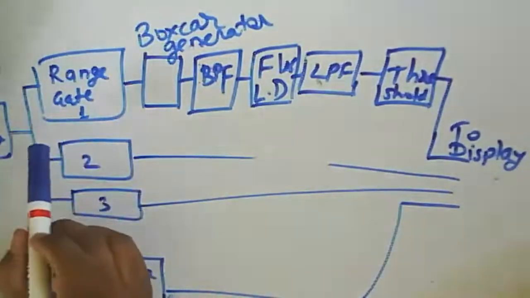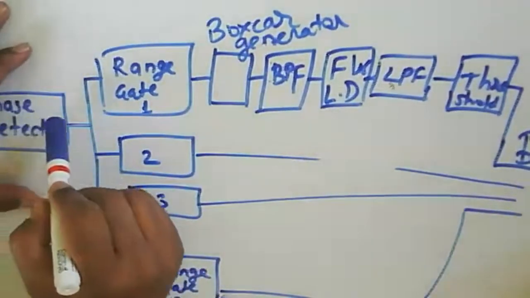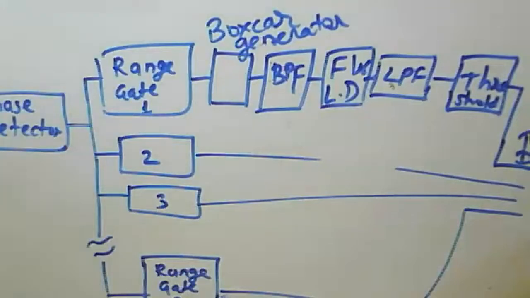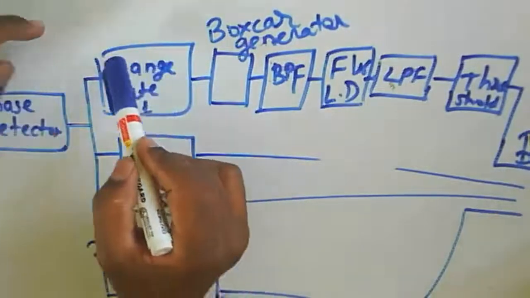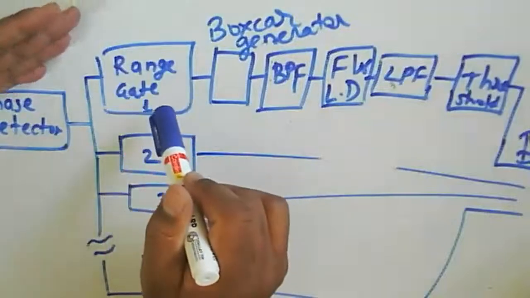Now we can consider the process. The output from the phase detector is quantized into small intervals through this range gate.